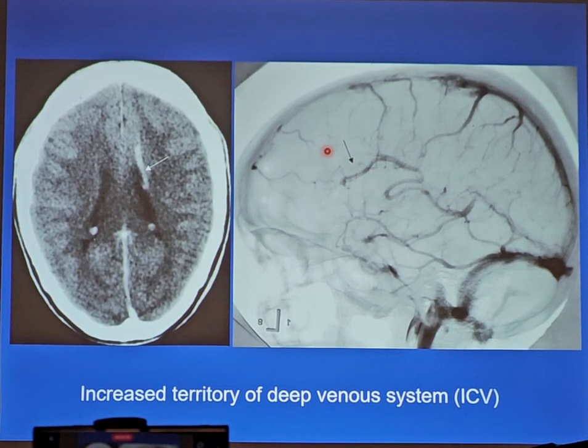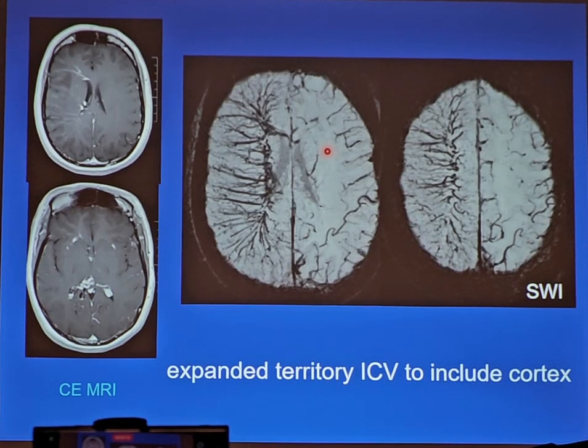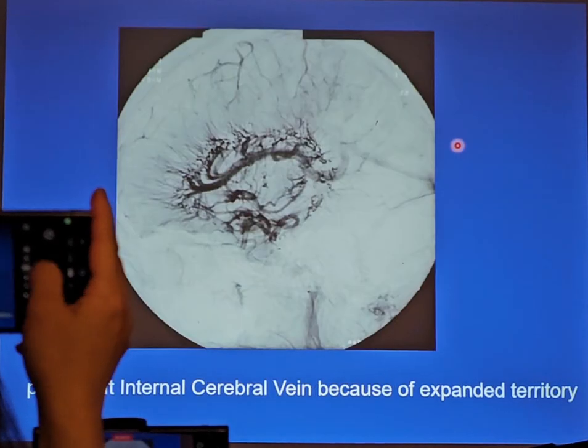We'll get to the phenomenon of DVAs later, but you can see some examples where the territory of the internal cerebral vein is way beyond its normally expected territory and involves almost the entire hemisphere, as in this case shown with SWI imaging.